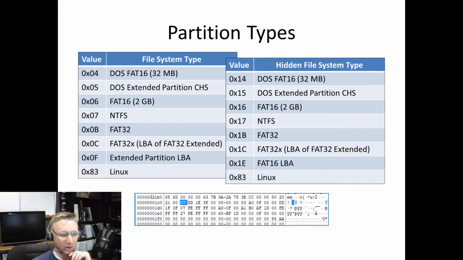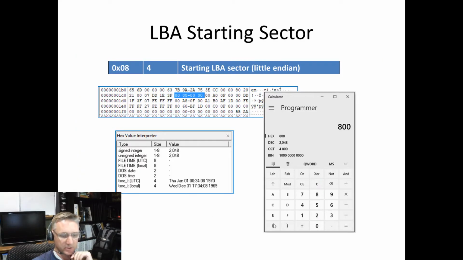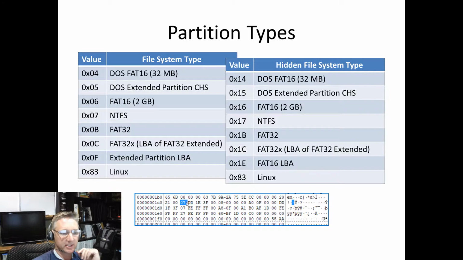They went in and figured out what this 04 byte becomes under different file systems. And they noticed that if they've got a FAT16 file system, this says 04. If it's a DOS extended partition, it gives it a value of 05, and so on and so forth. We have a 07 value there, so we know that we have an NTFS file system.